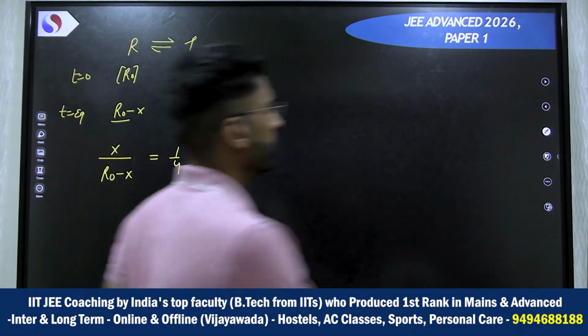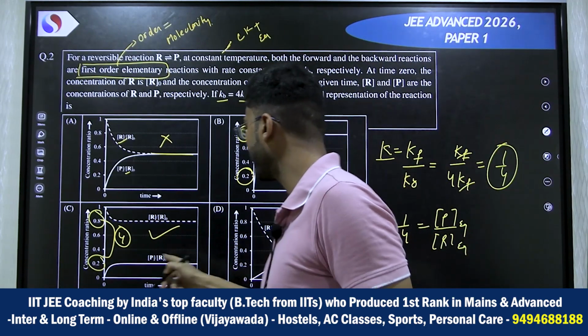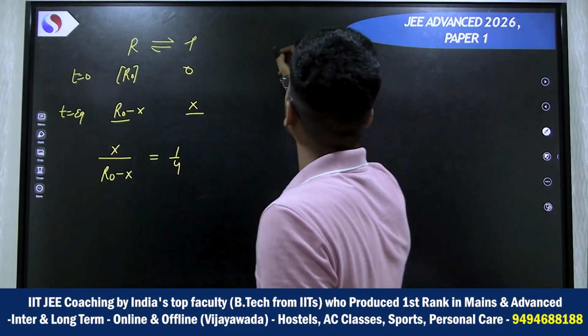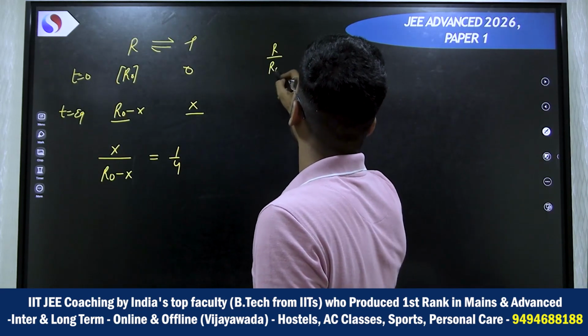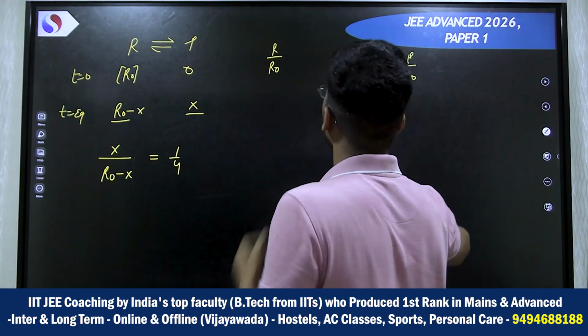So what do I have to calculate? I have to calculate R by R naught and P by R naught.